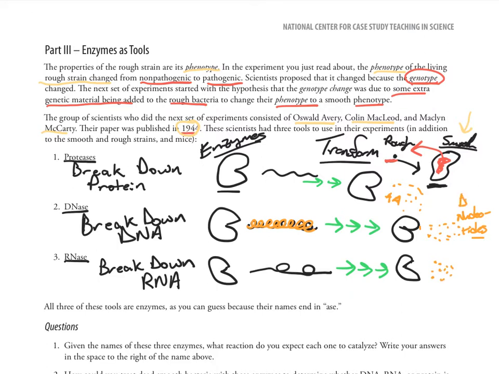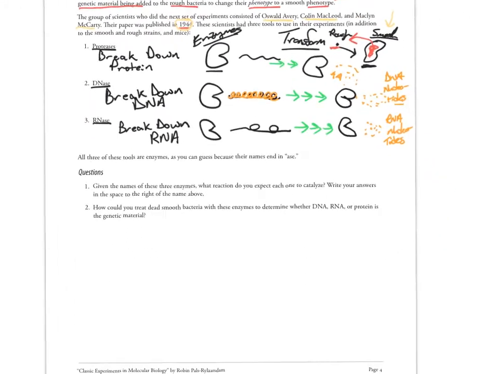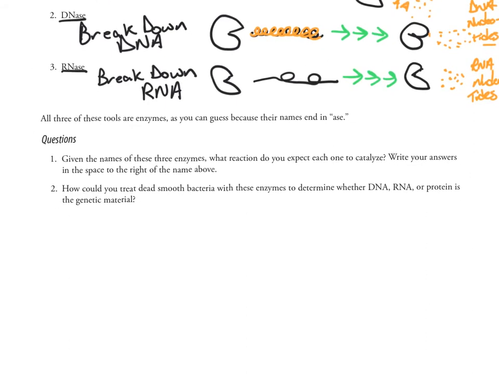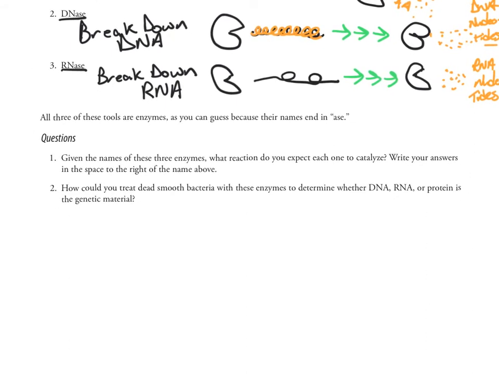Here you had DNA nucleotides. Here you have RNA nucleotides. Subtle difference, but the point being that protease breaks down proteins, DNase breaks down DNA, RNase breaks down RNA. So you should know that anytime you see a word that ends with ase, it's an enzyme and it does something. It could build things up, but in this case, in all three, it breaks them down.